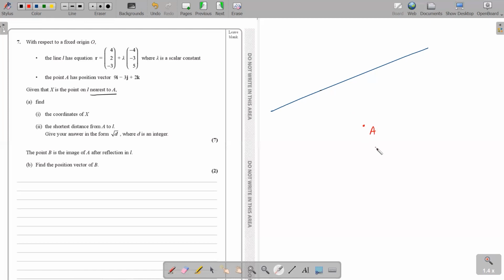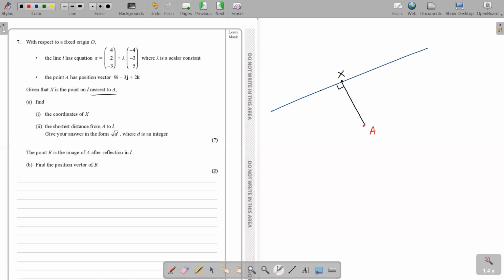They say X is supposed to be the closest point to A. The closest point will always be where the perpendicular distance is, the closest distance. So from A you drop a perpendicular, and this is the place where you get X. Are you with me?